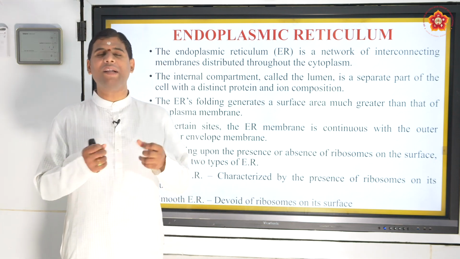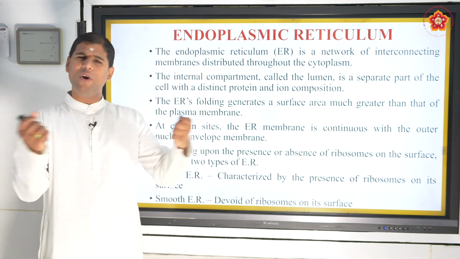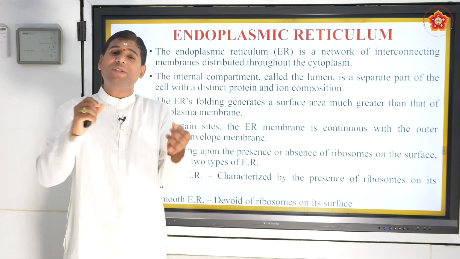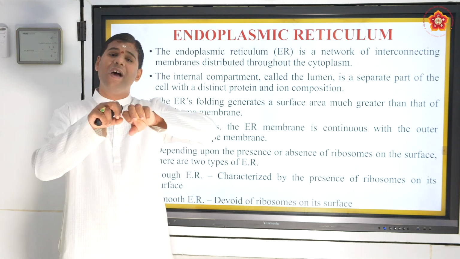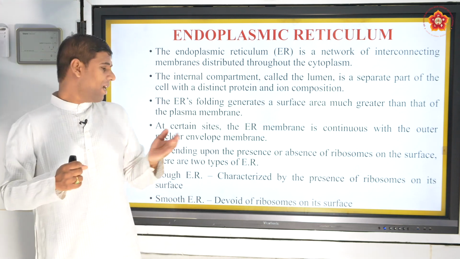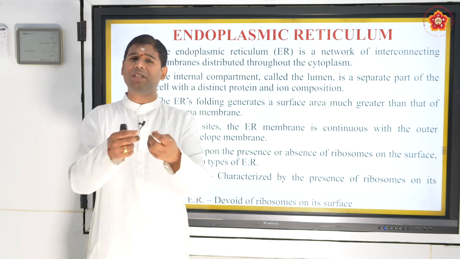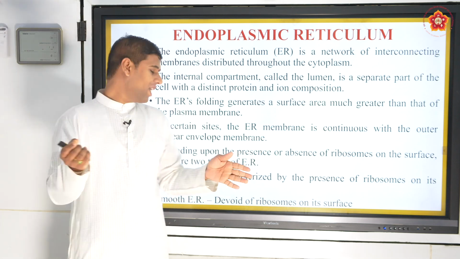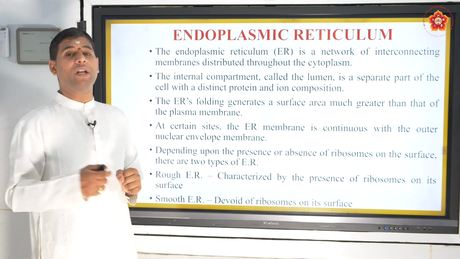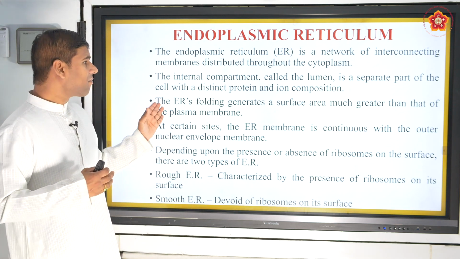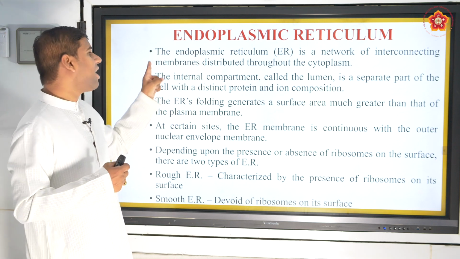The smooth one is devoid of ribosomes on the surface. Imagine you're holding a thread with some granules on it, that can be considered rough. And suppose you take a smooth thread, with no granules, that can be considered the smooth endoplasmic reticulum. The endoplasmic reticulum is a network of interconnecting membranes.